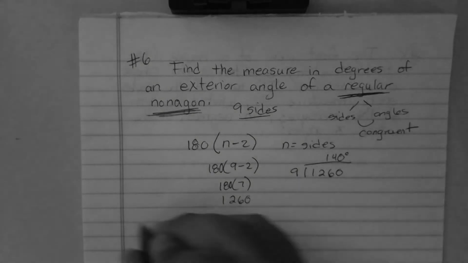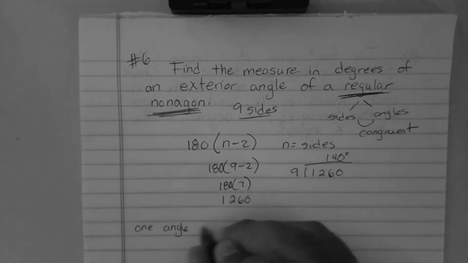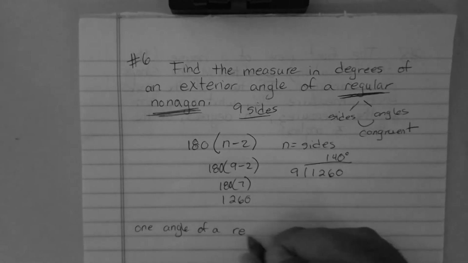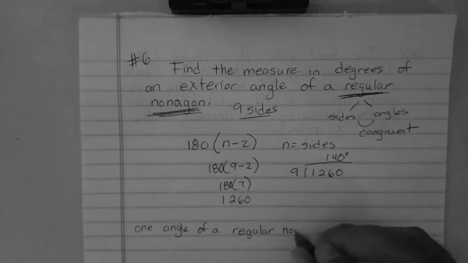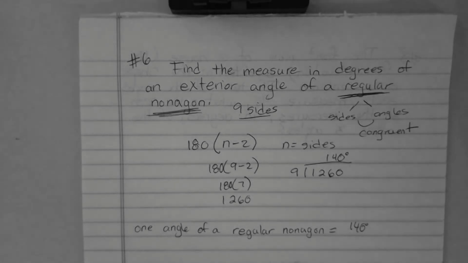So one angle of a regular nonagon is equal to 140 degrees. So that's an interior angle. Exactly, that's the interior angle.